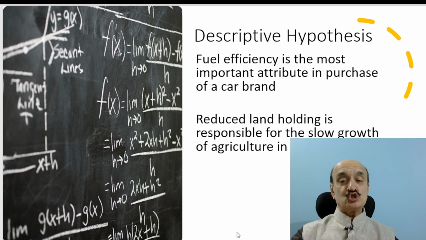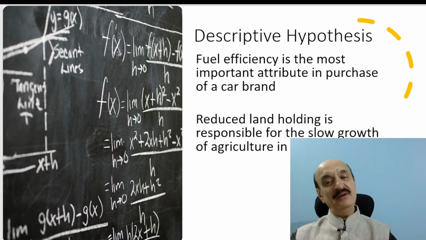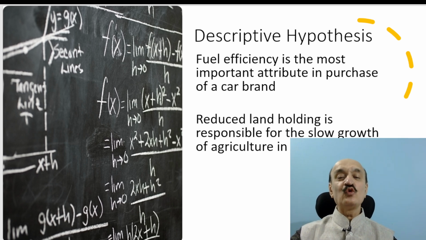Similarly, reduced land holding is responsible for the slow growth of agriculture in India. So reduced land holding is the independent variable and slow growth of agriculture is the dependent variable, and we are trying to describe the relationship between the two.